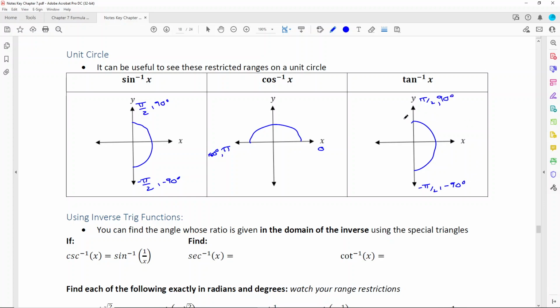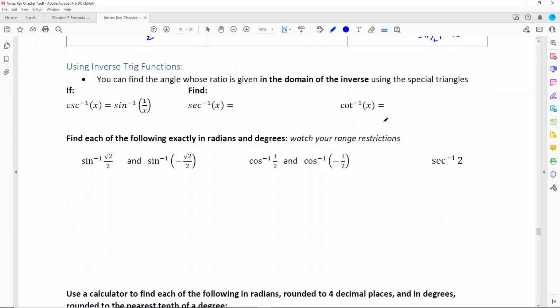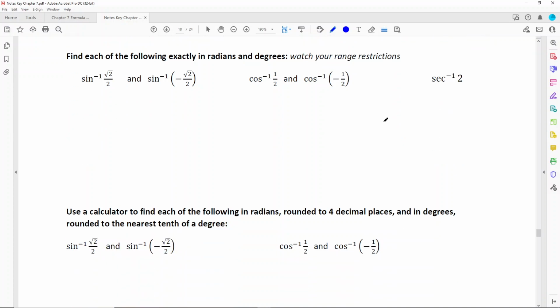Okay. So then what we want to do is figure out how this is going to get used. Before I talk about using inverse trig functions at the top there, I'm going to jump right to here. What you're going to be asked to do is evaluate an inverse trig function. These questions are going to stand out because they're not going to be written as y equals sine x.